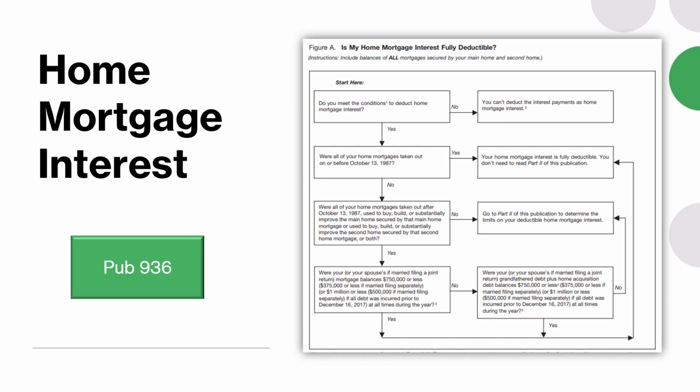So when clients come in and it looks like they're going to be itemizing and home mortgage interest is part of that, one of the first questions we need to be asking them is, was this entire amount of the loan used to acquire this home, or to build it, or to purchase it?